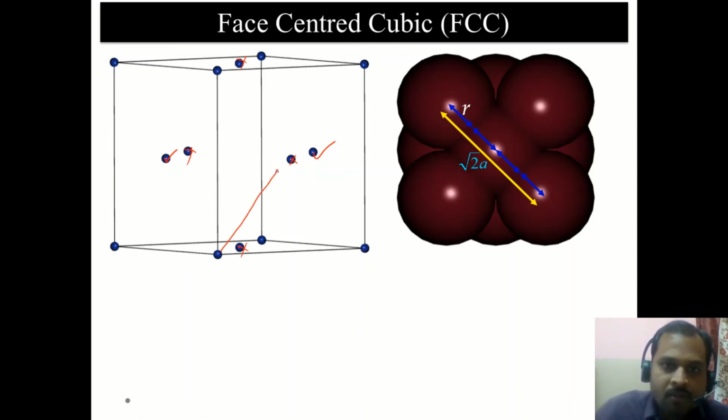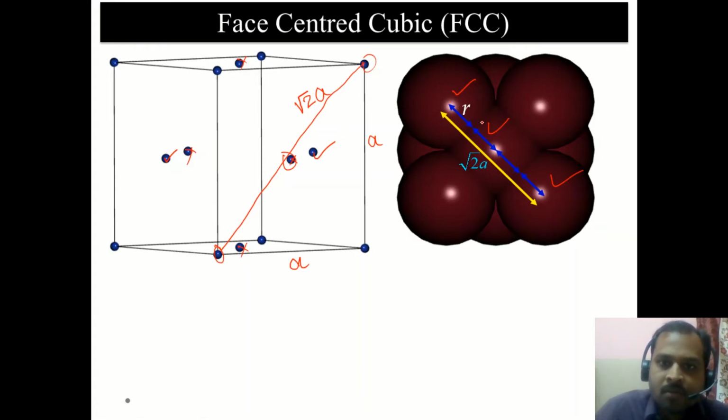This is the diagonal corresponding to this particular face, and since the lattice parameter is A, this is A, this is A, naturally this diagonal will be root 2 times A. There are 3 atoms here, 1, 2 and 3, each with a radius of R, and these 3 atoms lie along the diagonal of this face.